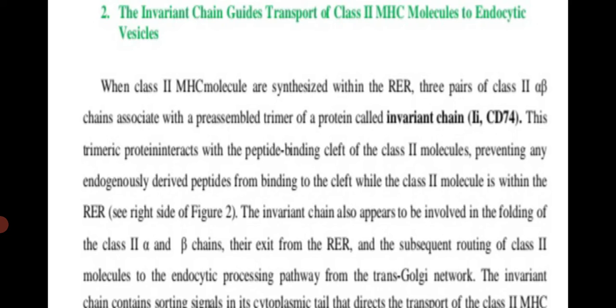The invariant chain also appears to be involved in the folding of the class 2 alpha and beta chains. Also, this invariant chain is responsible for the exit of the class 2 molecule from the rough endoplasmic reticulum. This also routes the class 2 molecule to the endocytic processing pathway from the trans-Golgi network, rather than to the cell membrane and the surface of the APC.